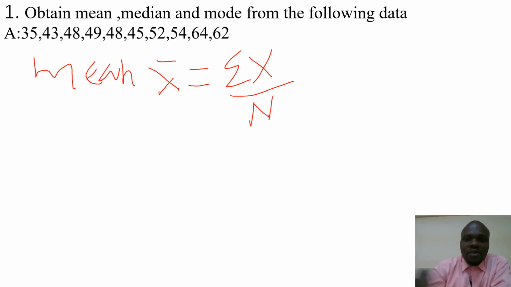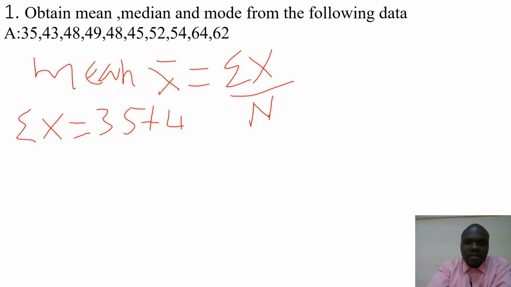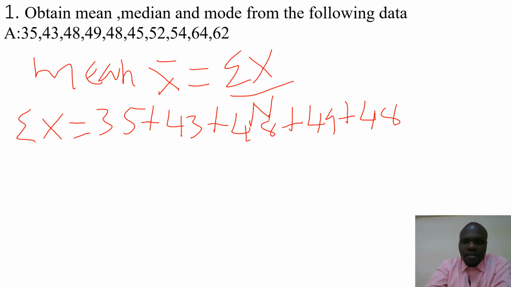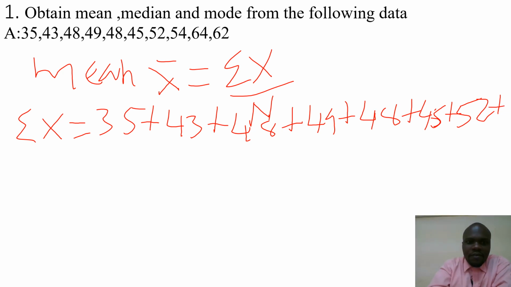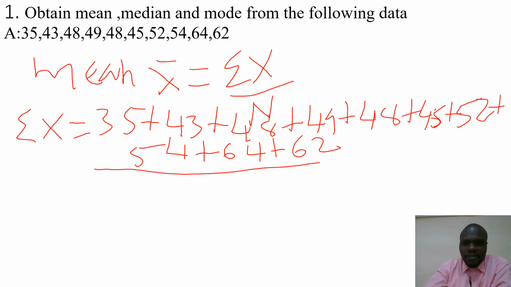In this case, to get this mean, we take the total of x, which is 5 plus 43 plus 48 plus 49 plus 48 plus 45 plus 52, then plus 54 plus 64 plus 62, and all these we divide by the total observation.